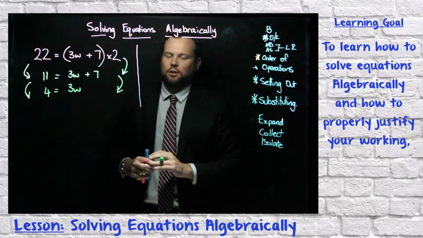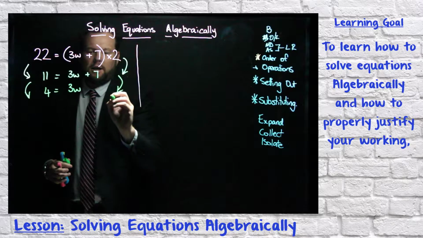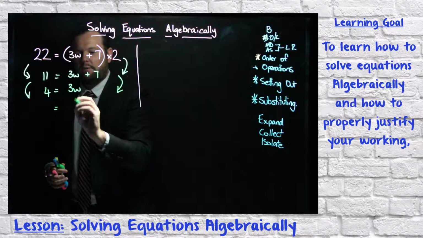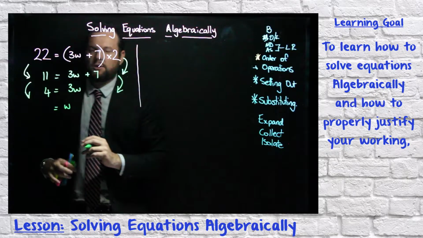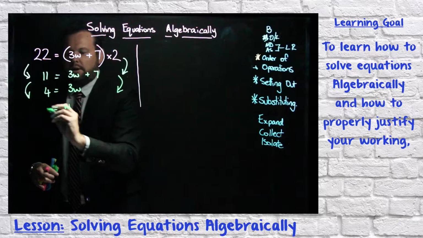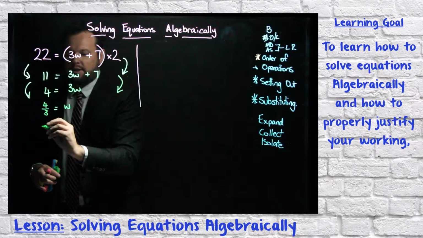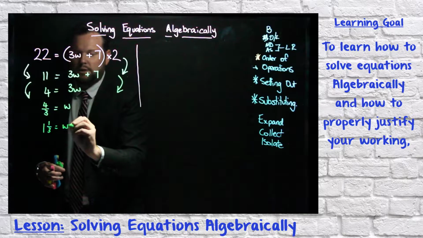So times by 3, okay, and the opposite to times by 3 is obviously divided by 3. So I'm going to divide this side by 3, which will leave me with w, okay, and I'm going to divide this side by 3, which is going to leave me with 4 over 3, which is going to give me 1 and a third equals w.